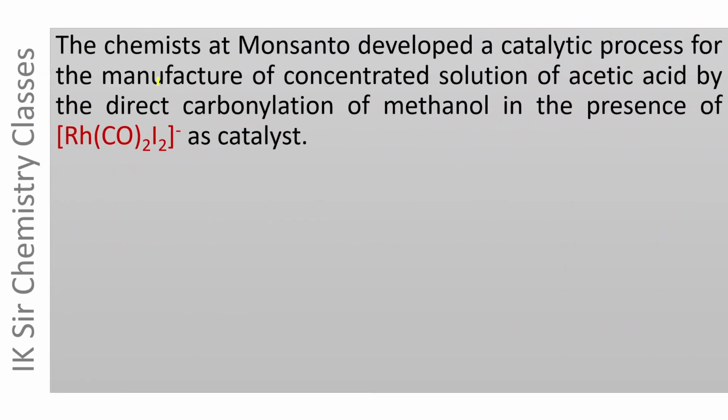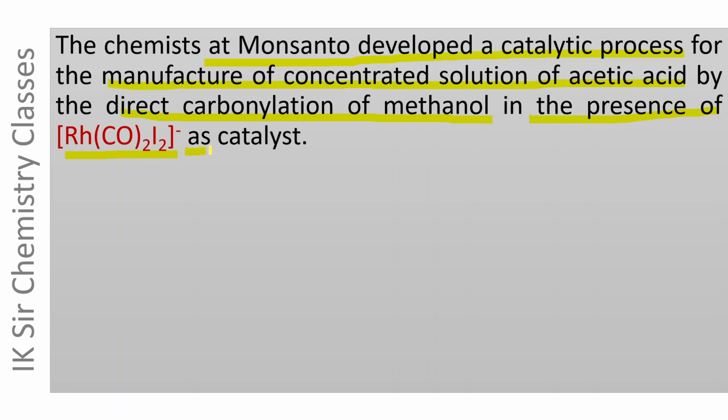The chemists at Monsanto of Italy developed a catalytic process for the manufacture of concentrated solution of acetic acid by direct carbonylation of methanol in the presence of rhodium catalyst [Rh(CO)2I2]−.